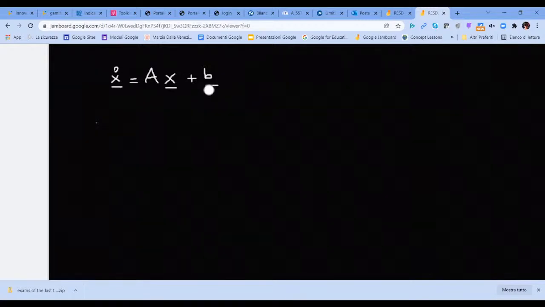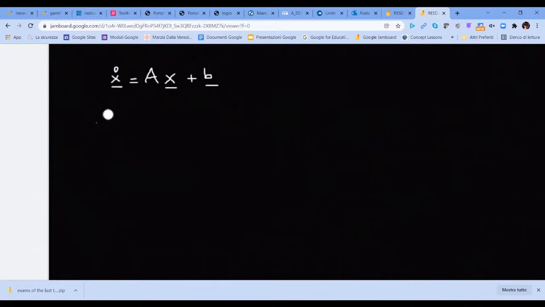It depends in which dimension we are, but normally you solve linear systems where there are two equations. So that means that the vector x dot corresponds to a pair of coordinates that are x1 and x2.